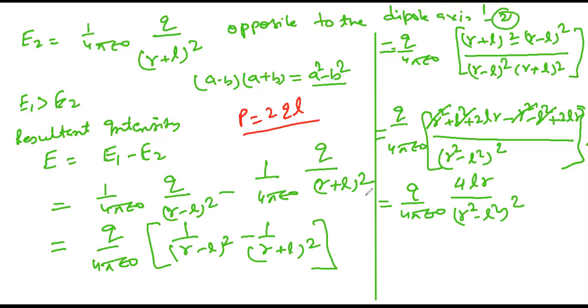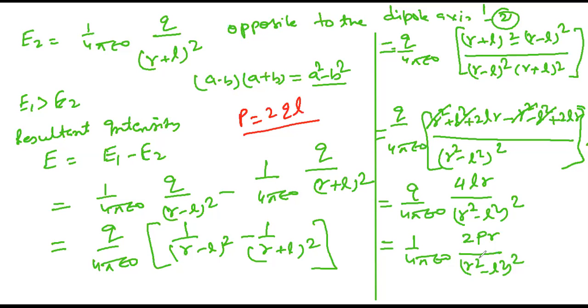It was there in the dipole moment. So here you do the substitution: 1 by 4 pi epsilon naught, this will become 2 p r divided by (r square minus L square) whole square. Any problem?